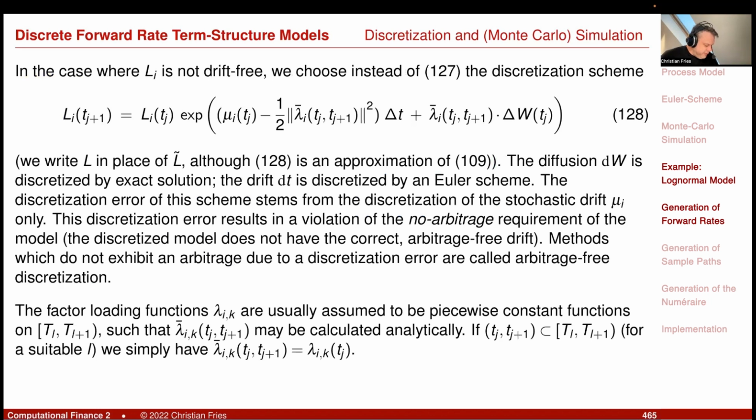So if the drift is not zero, of course I just have here the drift, but now I use my lambda I bar. Now I'm a bit sloppy with the notation.